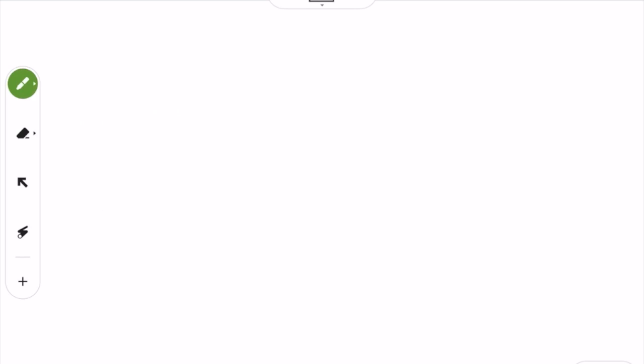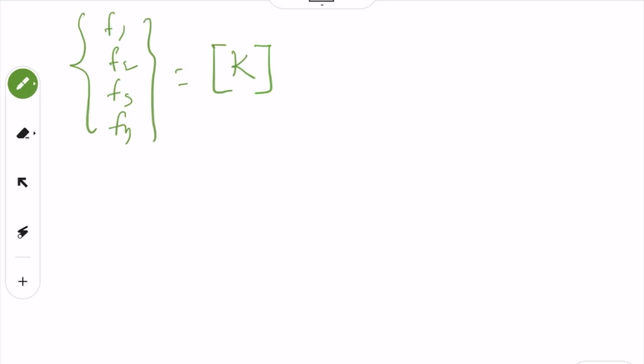Okay, and that new k relation should be something like this. New system we have f1 f2 f3 f4 is equal to some k here that we have to find out, and then u1 u2 u3 u4. That's what we have to find out.